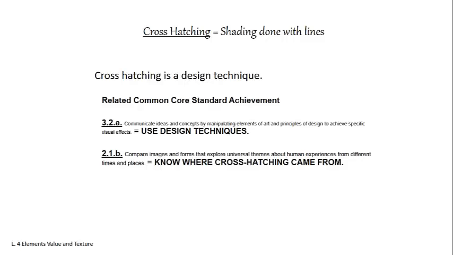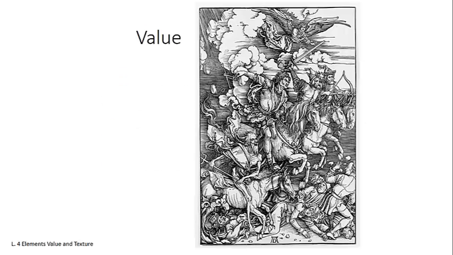Remember, value is not color, it is shading or brightness. It is the lightness or darkness of an object or environment. Darkest, black. Lightest, white. Infinite range of grays between the two extremes.